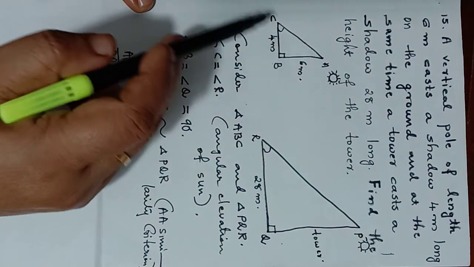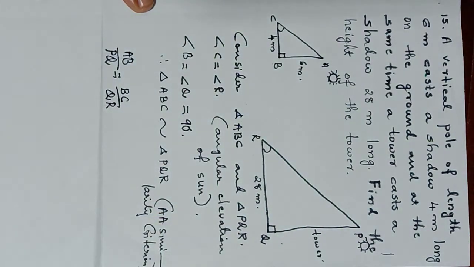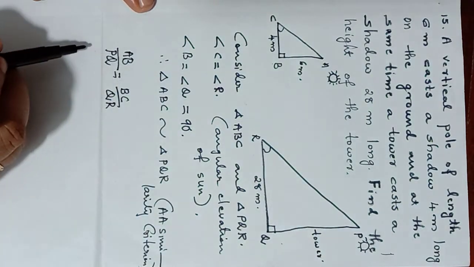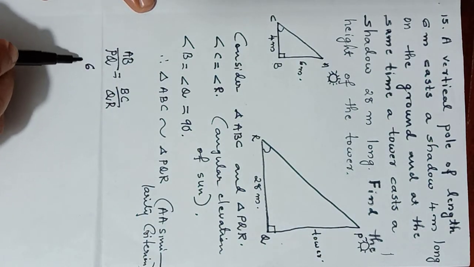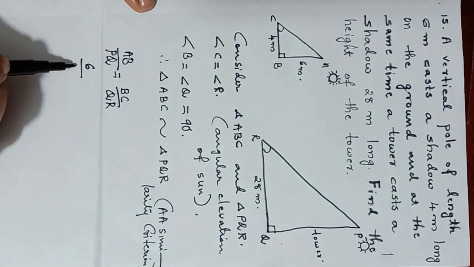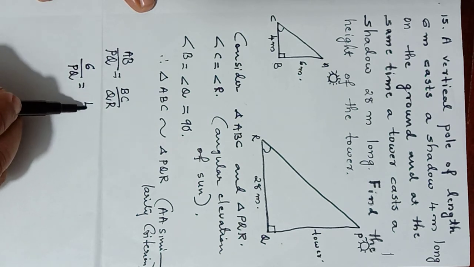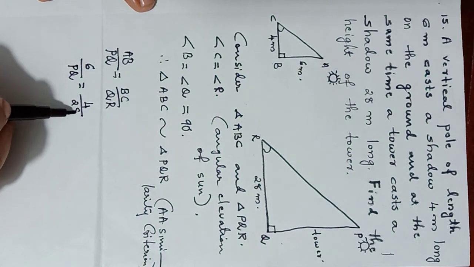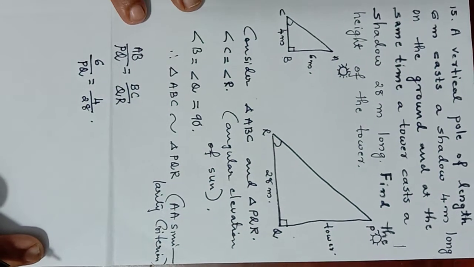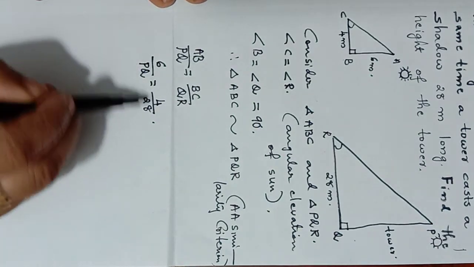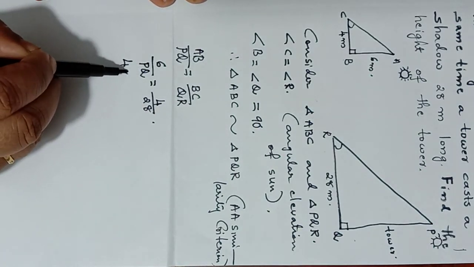This side is not necessary. AC and PR, they did not ask us. We have to just find out what is PQ. So AB value substitution, AB by PQ, as it is, we do not know, to be found out. BC 4 and QR 28. Now let us cross multiply and get the answer. Solving, PQ into 4, 4 into PQ.